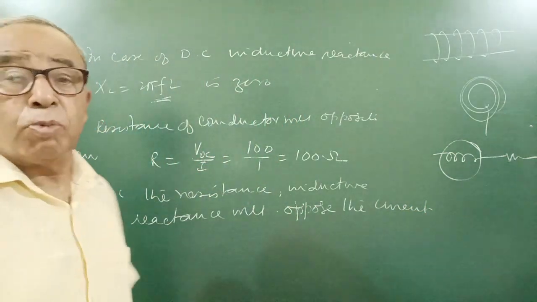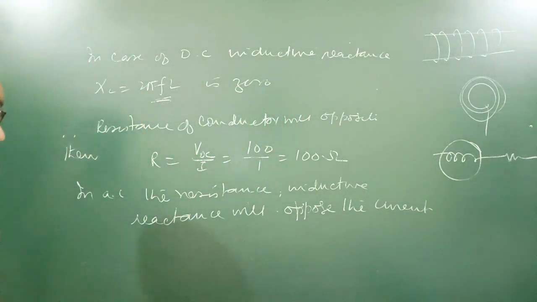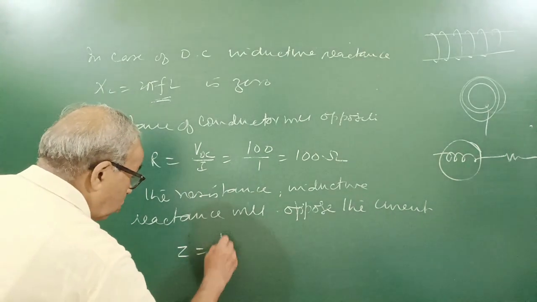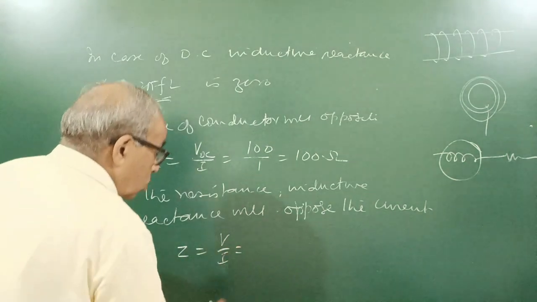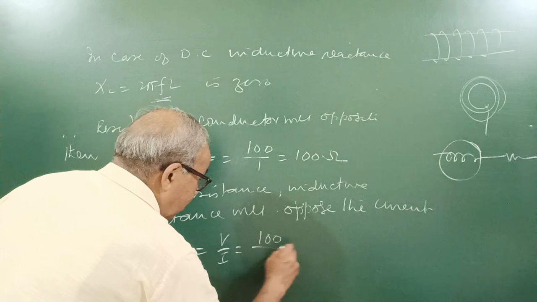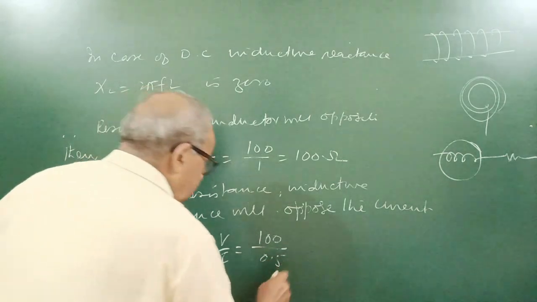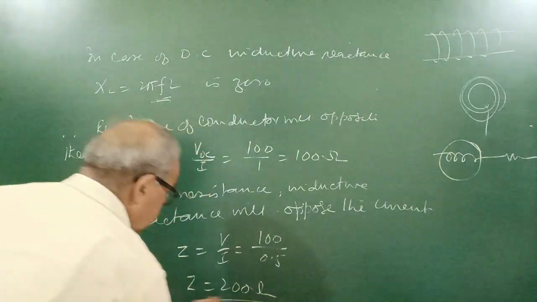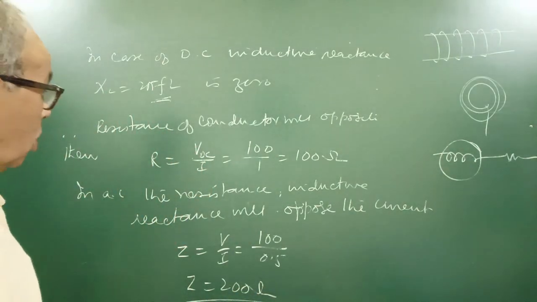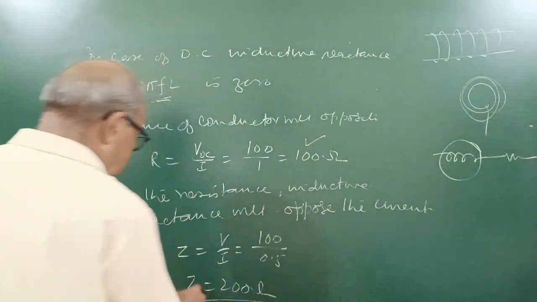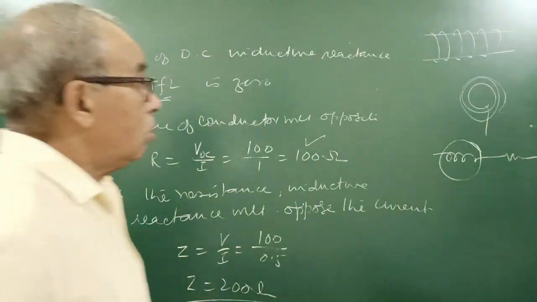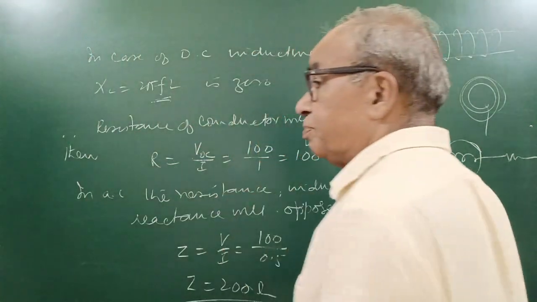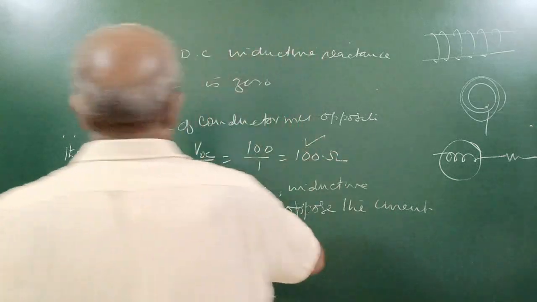And the vector sum of resistance and inductive reactance is called impedance. So Z is equal to V upon I, 100 upon 0.5, that is, Z equal to 200 ohm. Now you know R is 100 ohm, you know Z is 200 ohm, and you want to find L.